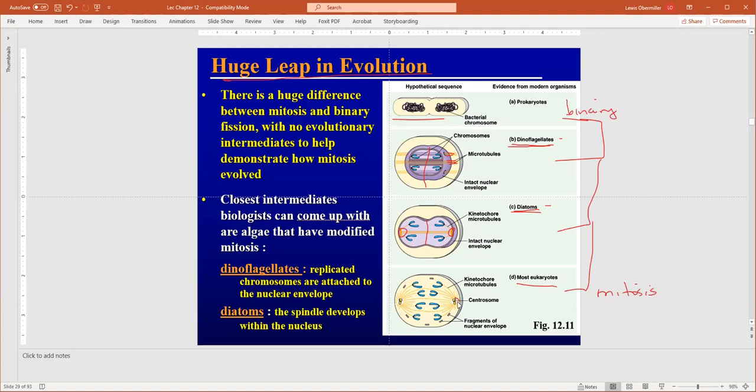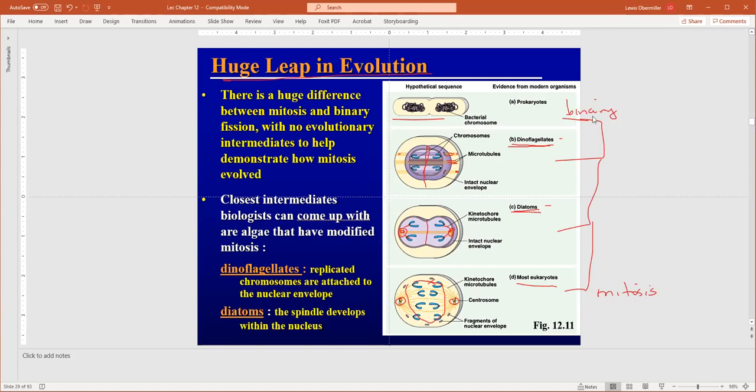Whereas, in all other systems, the nucleus comes apart, right? And that gives access to it. So here the nucleus stays intact. The nucleus itself is divided in two, and the centrosomes are on the outside. Here, the centrosomes are inside the nucleus, and they attach and pull apart the sister chromatids. And then here the centrosomes are in the cytoplasm, and then the nuclear envelope comes apart.